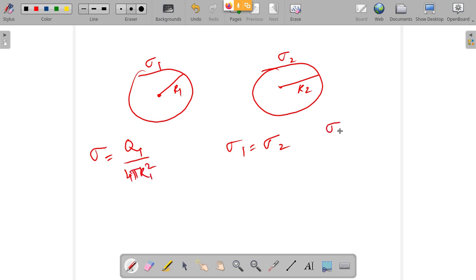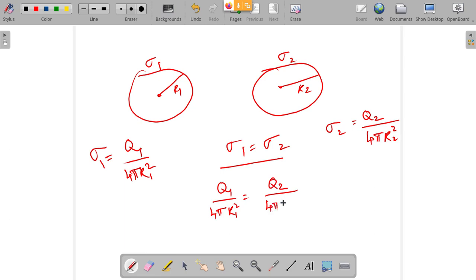Similarly, for the second sphere, sigma 2 is the charge on the second sphere by its surface area. Now what is the same? Sigma 1 is equal to sigma 2. So what you will do? Q1 over 4 pi R1 squared is equal to Q2 over 4 pi R2 squared.